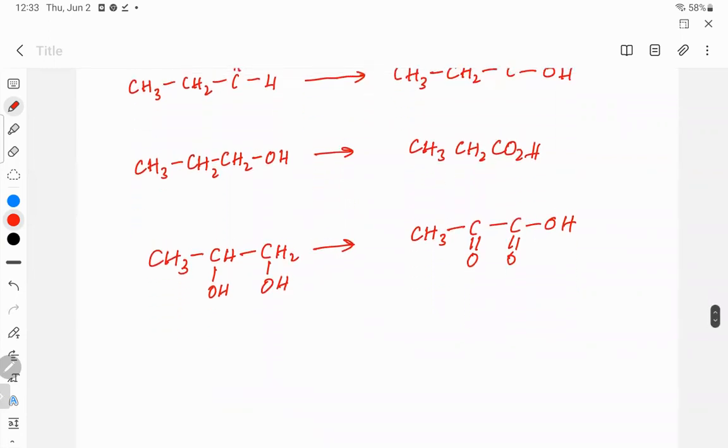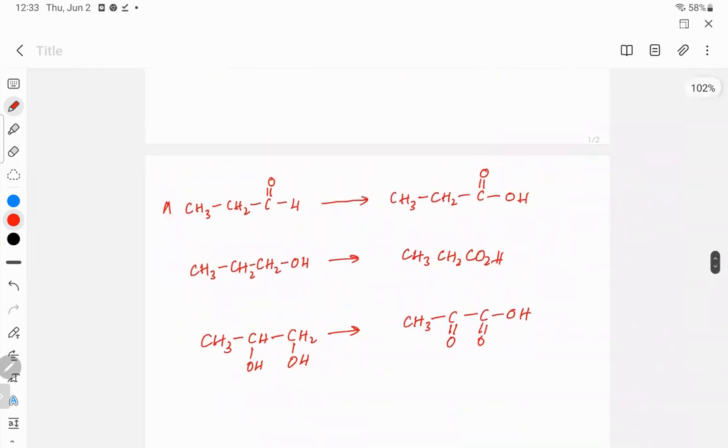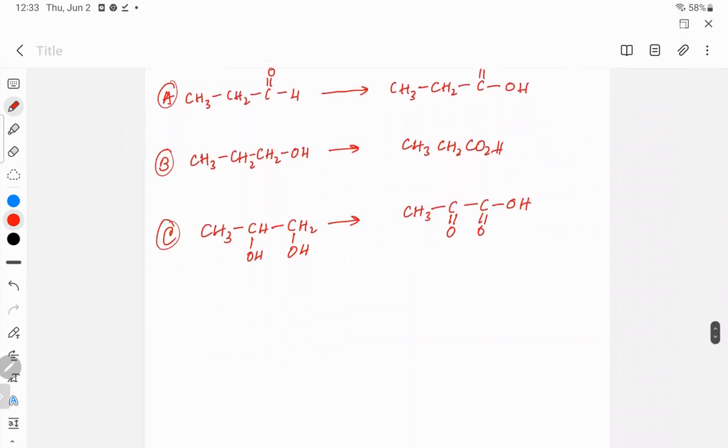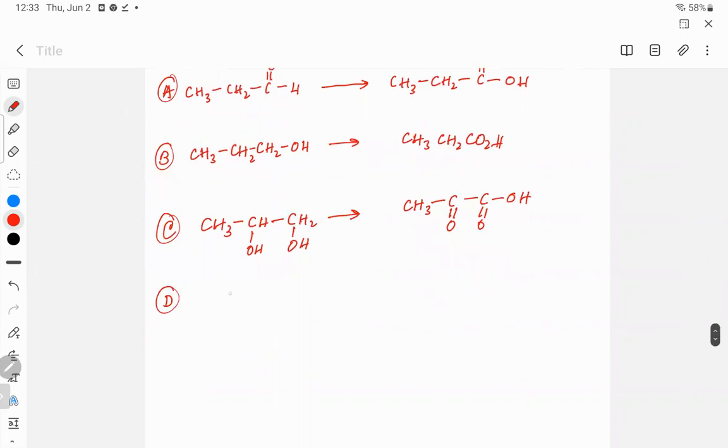That is part C. I am drawing for each part. Then we have part D. Here they are saying it's a 1,3-diol. So what I'm going to get is a molecule having 2 carboxylic acids.